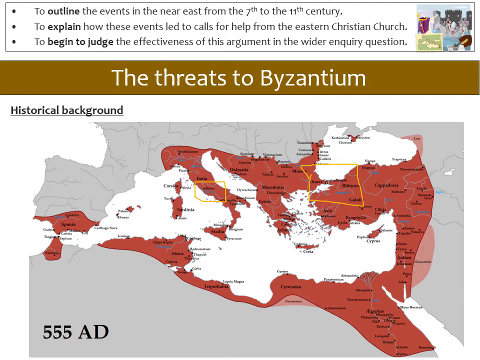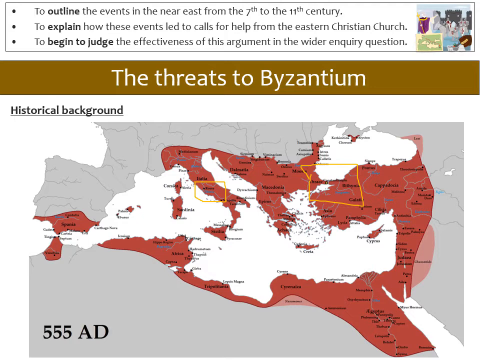It's also called Byzantine, or Byzantium. These two words make up the empire that follows, that's centered around this area, and we call that the Byzantine Empire or the Byzantium Empire. And really it's an Eastern Roman Empire.